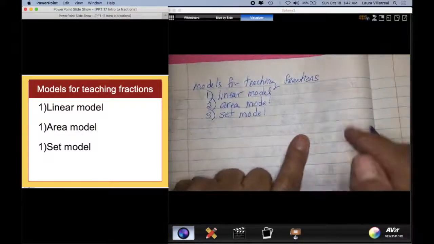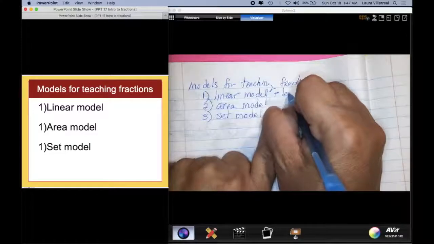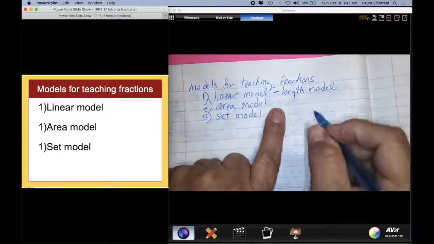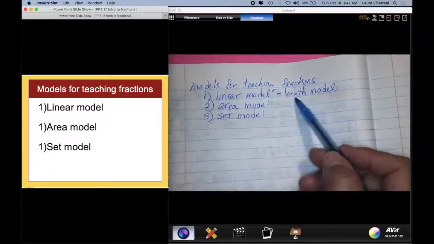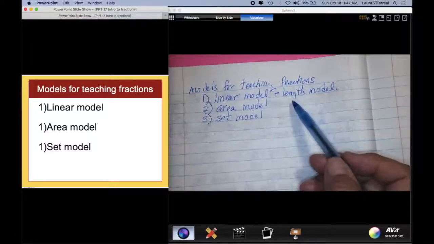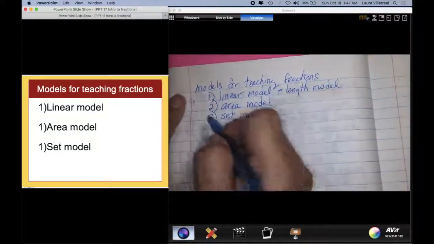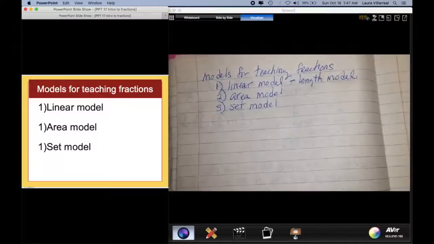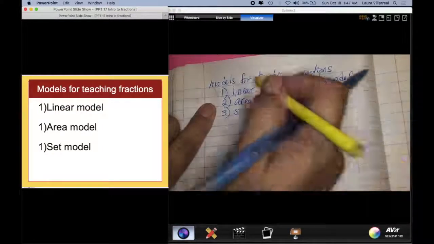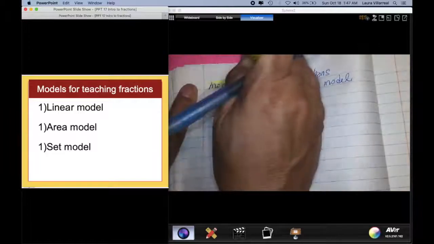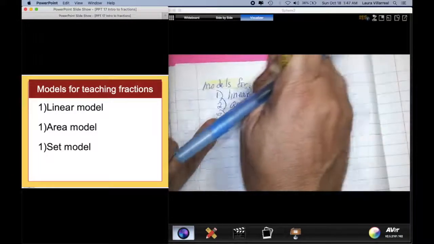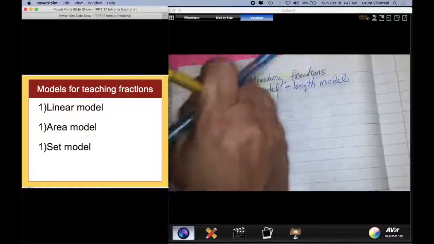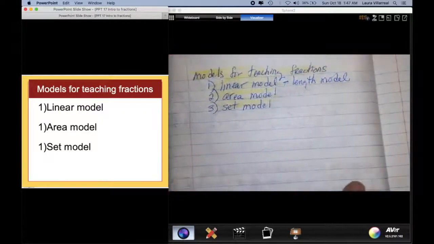Now the linear model is also known as the length model. So sometimes they'll use the word linear, or sometimes they'll use the word length. Okay, so let's go ahead and look at some examples of each one of these. And we can go through and highlight these after we're done. I'll finish later.